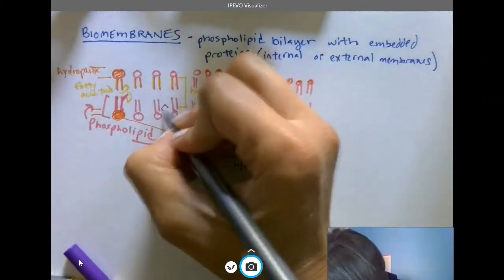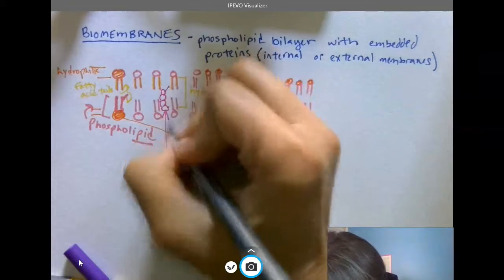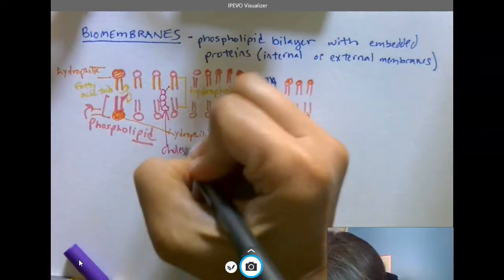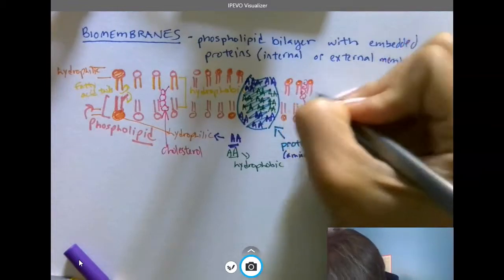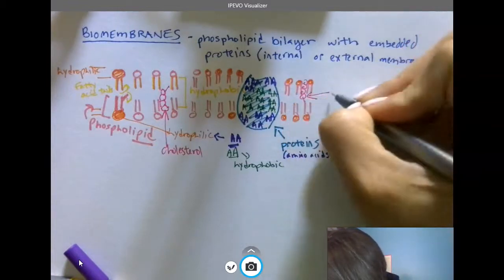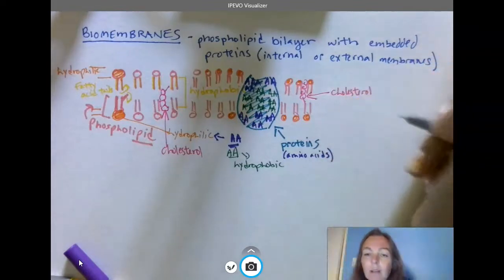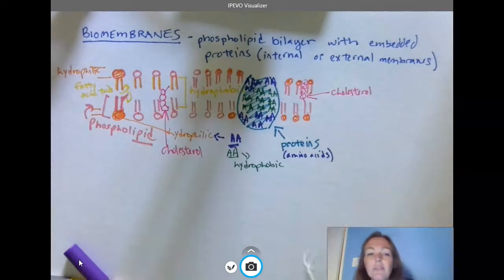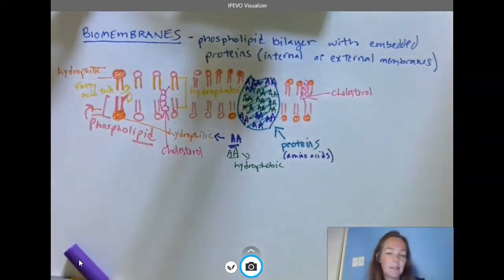So cholesterol is a ring structure that embeds itself into the cell membrane, and again, it makes sure that the cell membrane, or the internal membranes, are fluid, and they don't pack together and freeze. So far we have two lipids that we can find in the cell membrane.